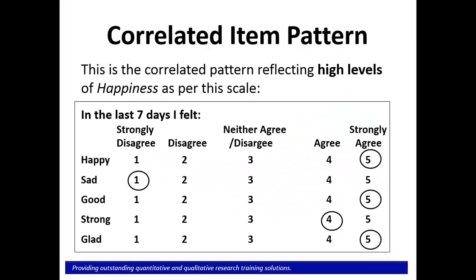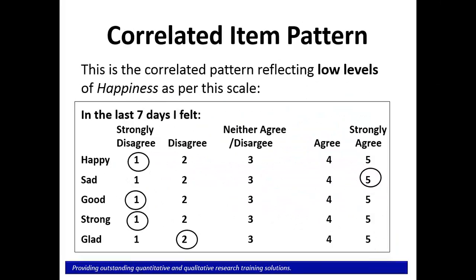Now the other positive emotions, good, strong, and glad, should be present along with happy because they're positive emotions. So all the positive emotions are to the right, indicating their presence, and the negative emotion sad is to the left, indicating it hasn't been there.